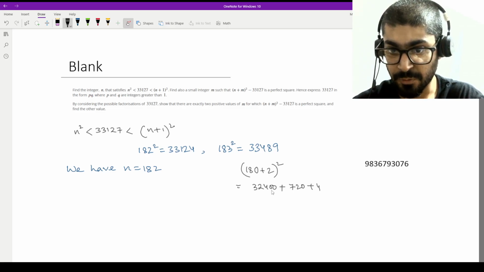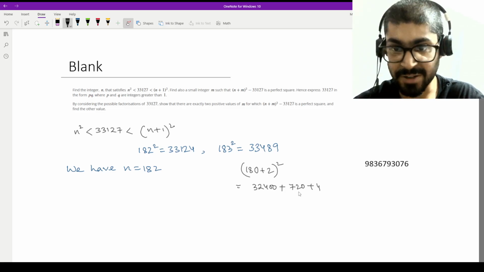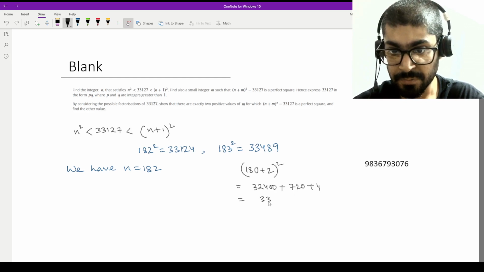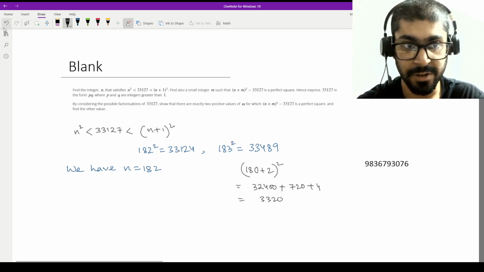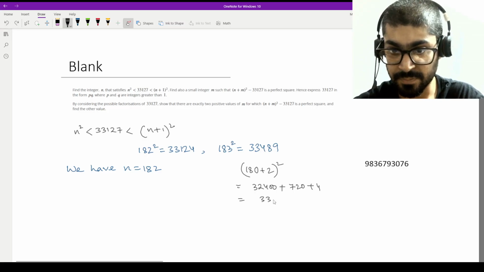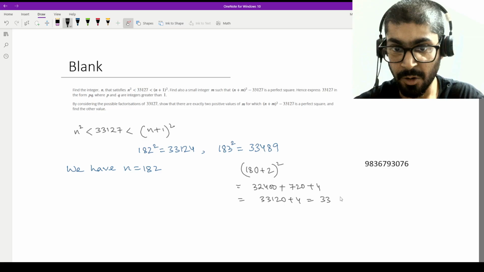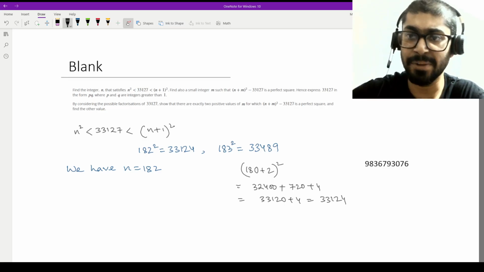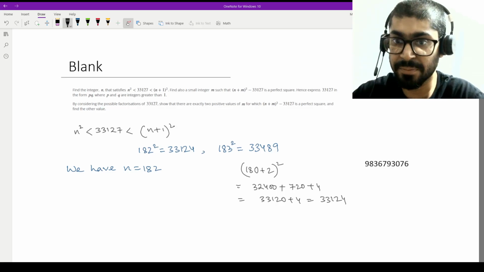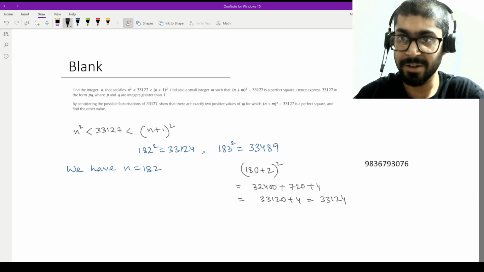Because 400 plus 720 gives you 1120, so it will be 33120, plus 4, that would give you 33124.